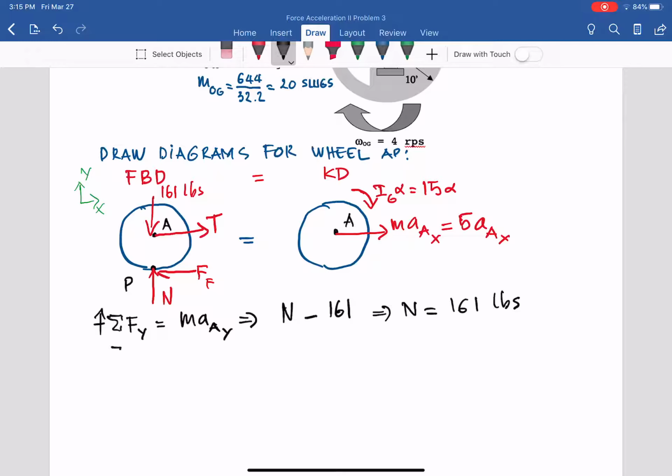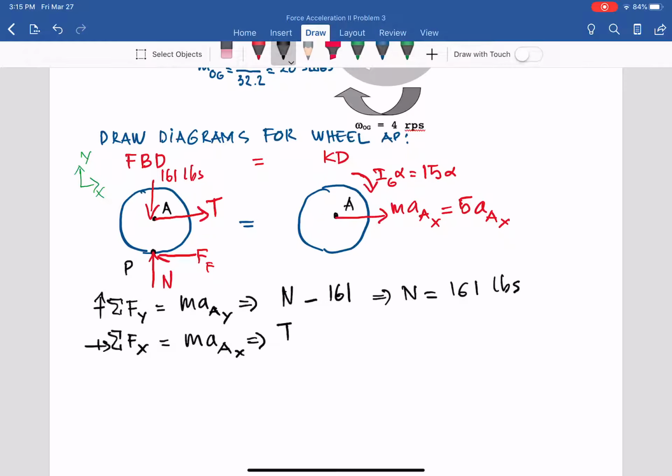For x, the sum of all the forces in the x direction equals m a_x. From that, T goes positive, and then negative friction force, equal to m a_Ax, so we will find a_Ax. Because we already did the equation in the y direction, we call this one, which has three unknowns, equation 1.